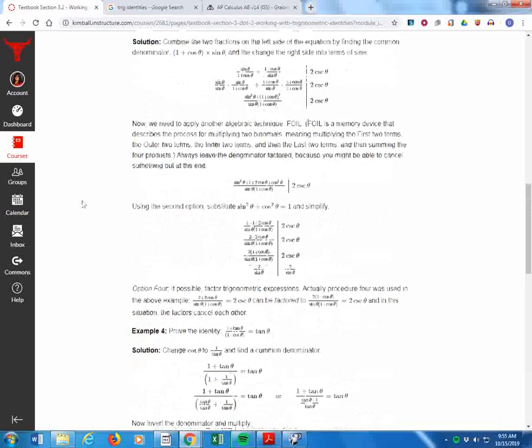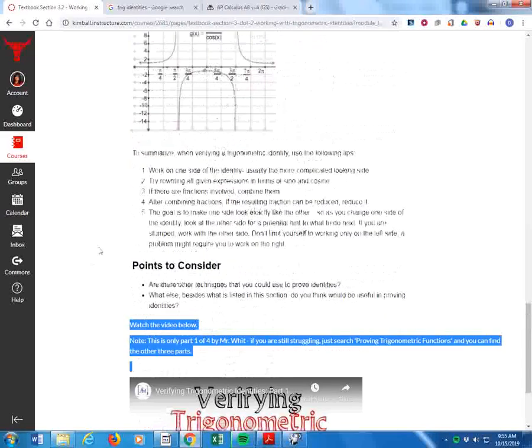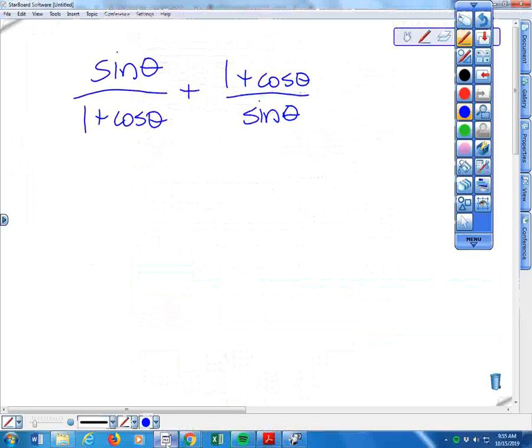Yes, and it's equal to 2 cosecant theta. Okay, so I need a common denominator.